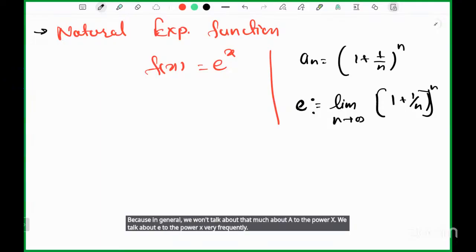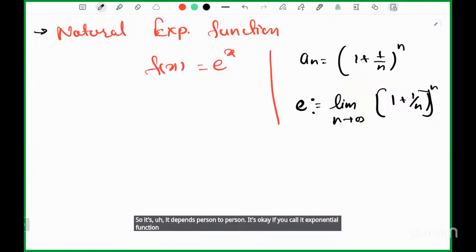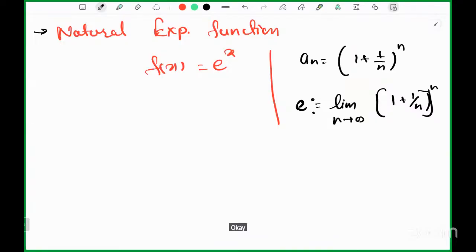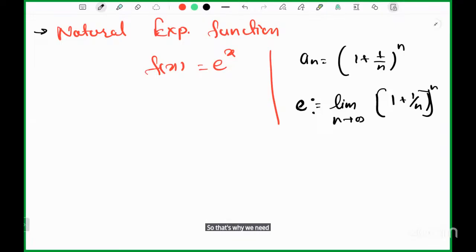It depends on the person. It's okay if you call it exponential function too. But in the next week we are covering the logarithmic and natural logarithmic functions, so that's why we need this distinction.